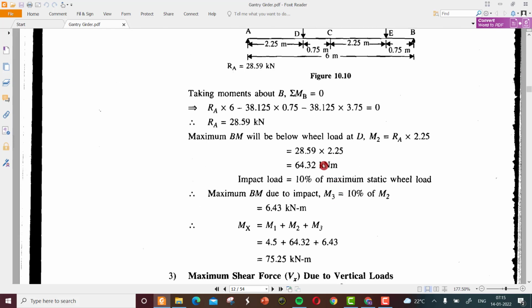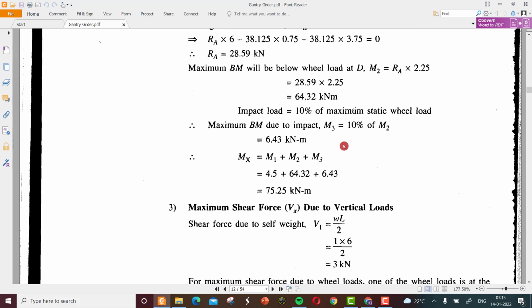Coming back to the problem, an additional impact load of 10 percentage has to be added. So 64.32 plus 10 percentage, 6.43, will give you the moment.